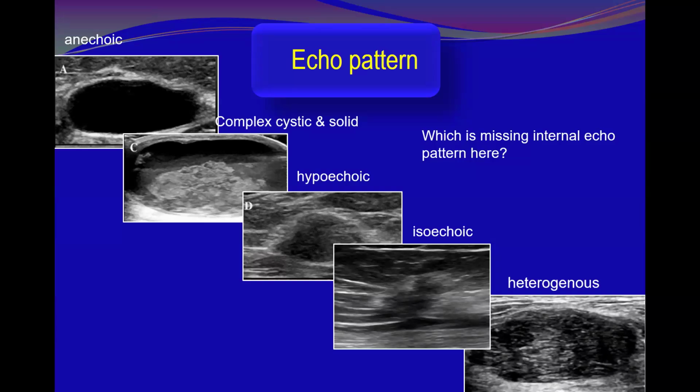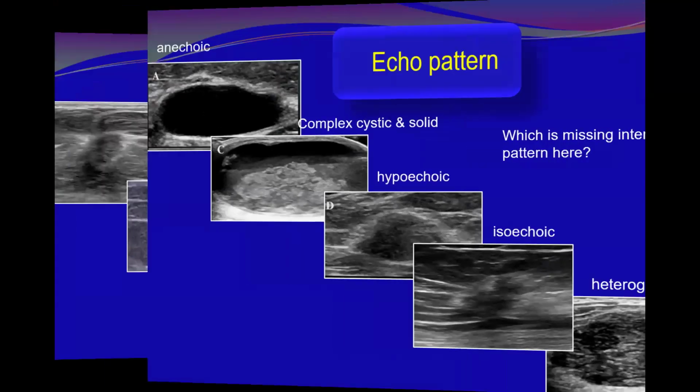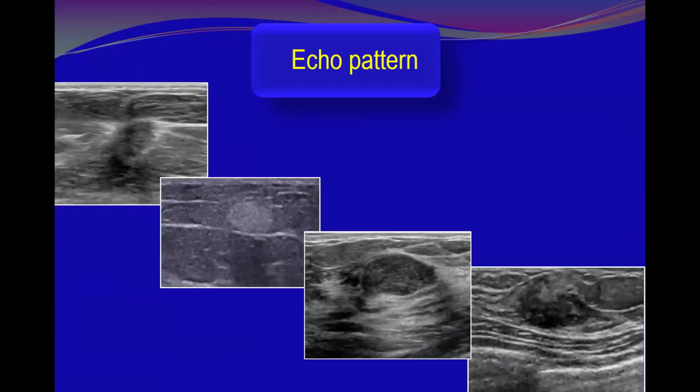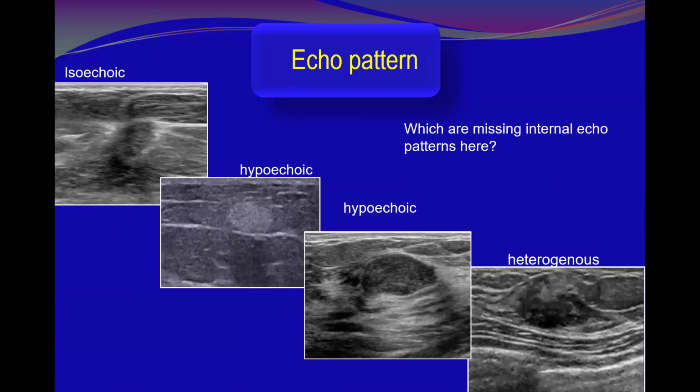Hyper. Excellent, the hyperechoic. And here we have this one, hyper. Hyperechoic. Hypo. This is heterogeneous. Which are missing? Anechoic and complex.